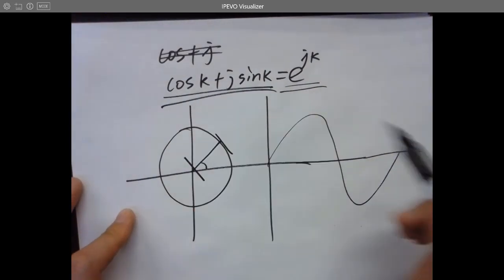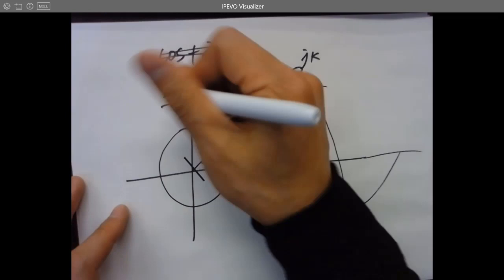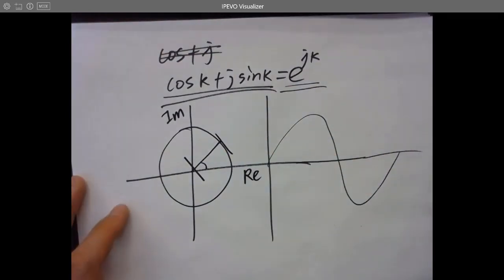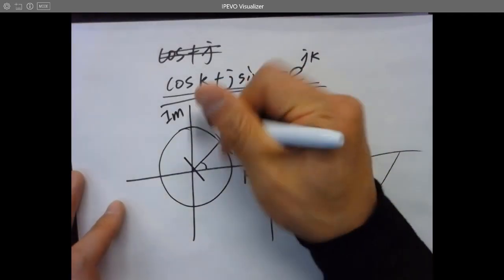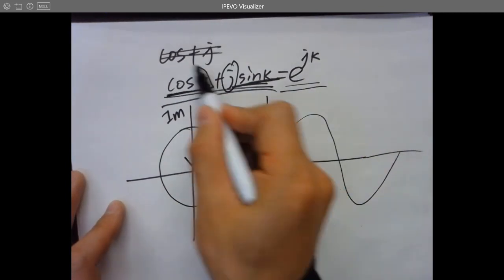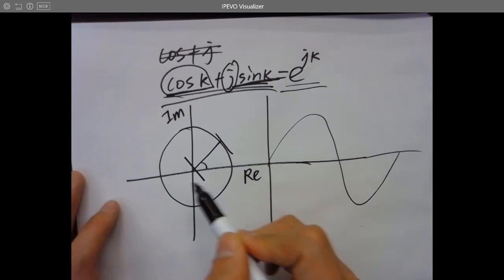So that's a phasor. That's the imaginary domain. That's the real number domain. That's the x-axis.